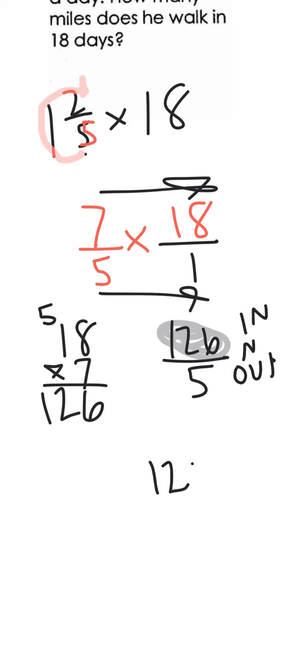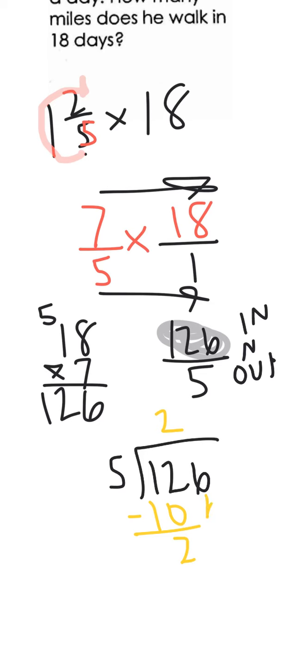So 126 goes in and 5 goes out. 5 times 2 becomes 10. I can subtract and bring down my 6. 5 times 5 equals 25. I can subtract and bring down my 1. So I'm left with 25 and 1/5.